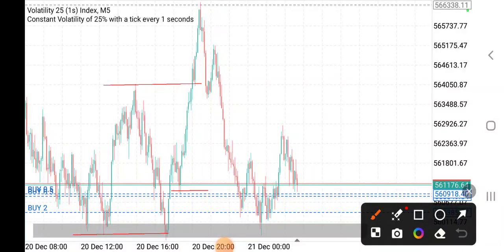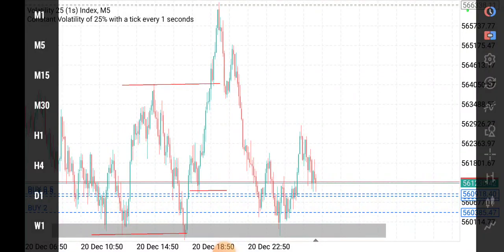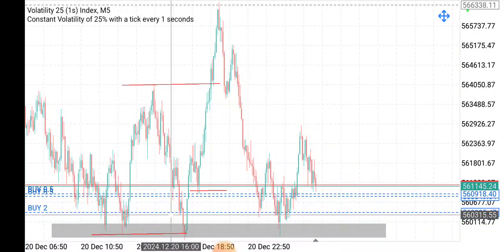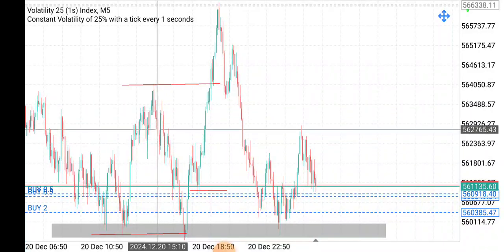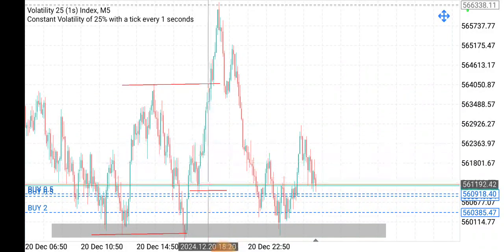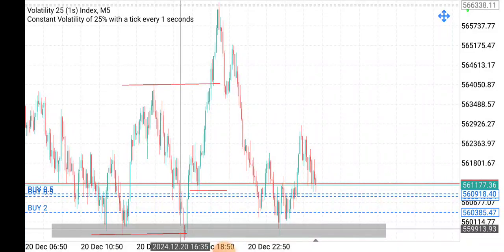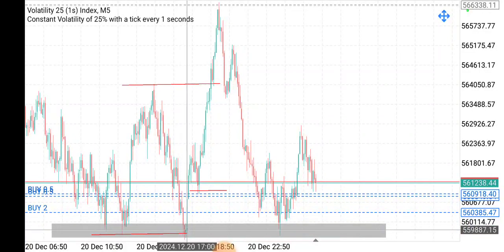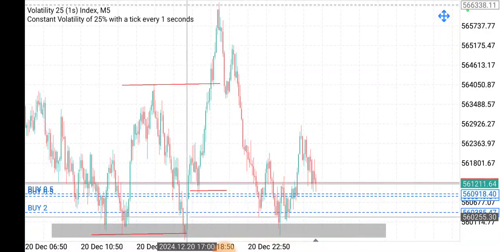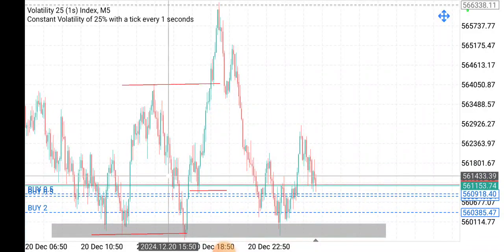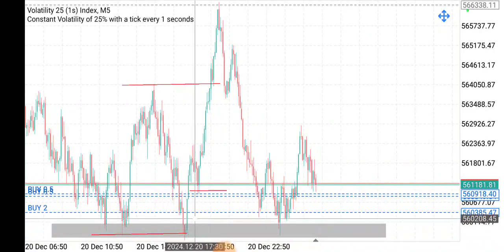Because immediately after the market came all the way down here, forming lower highs and lower lows, this was the last bearish candle the market formed before these three bullish momentum candles, 1 2 3. So this makes this last bearish candle my order block.